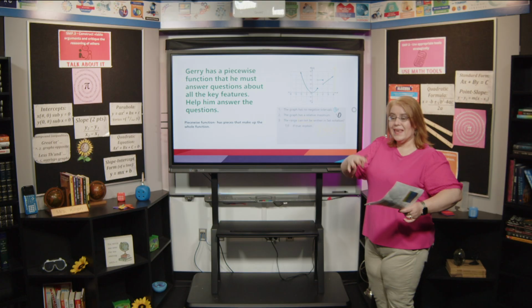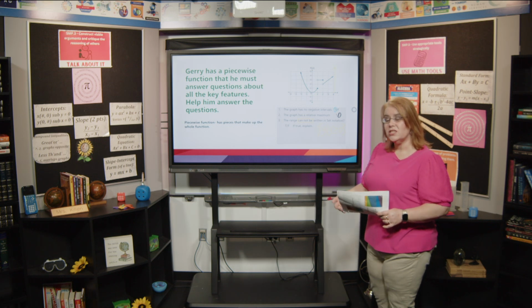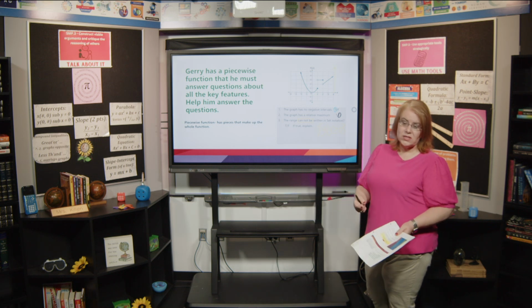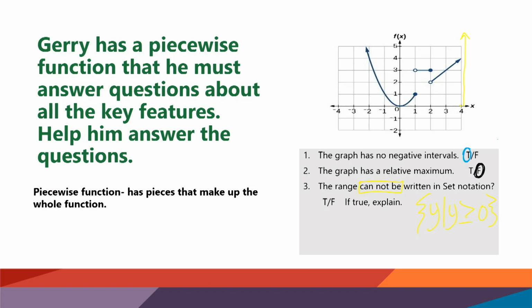So since I can write it in set notation, how would I answer the question? Let's see. The range cannot be written in set notation. Well, that's false. It is extremely false because it can be written. And if it's false, there's my explanation why.